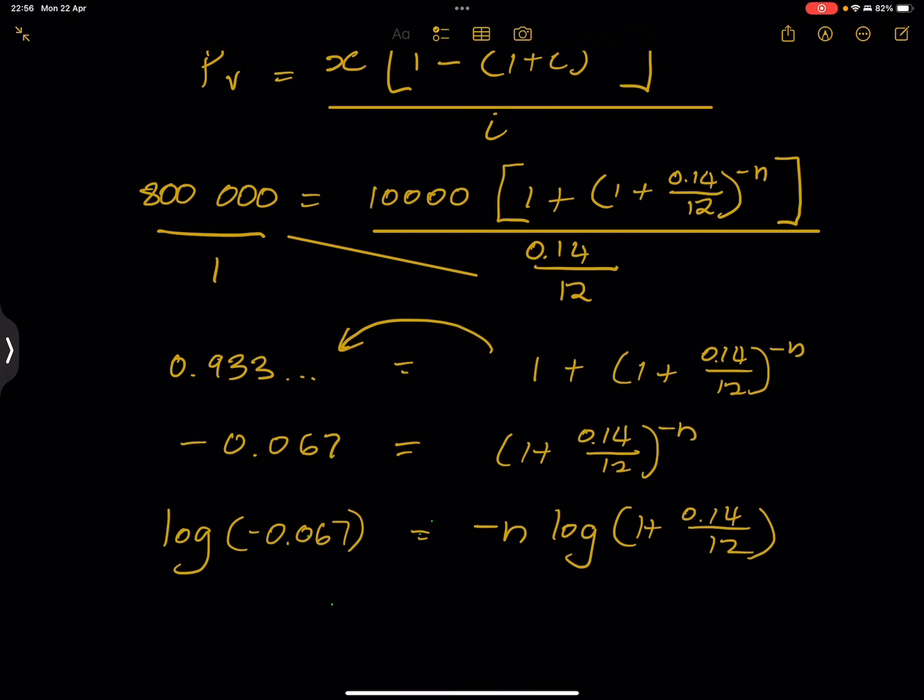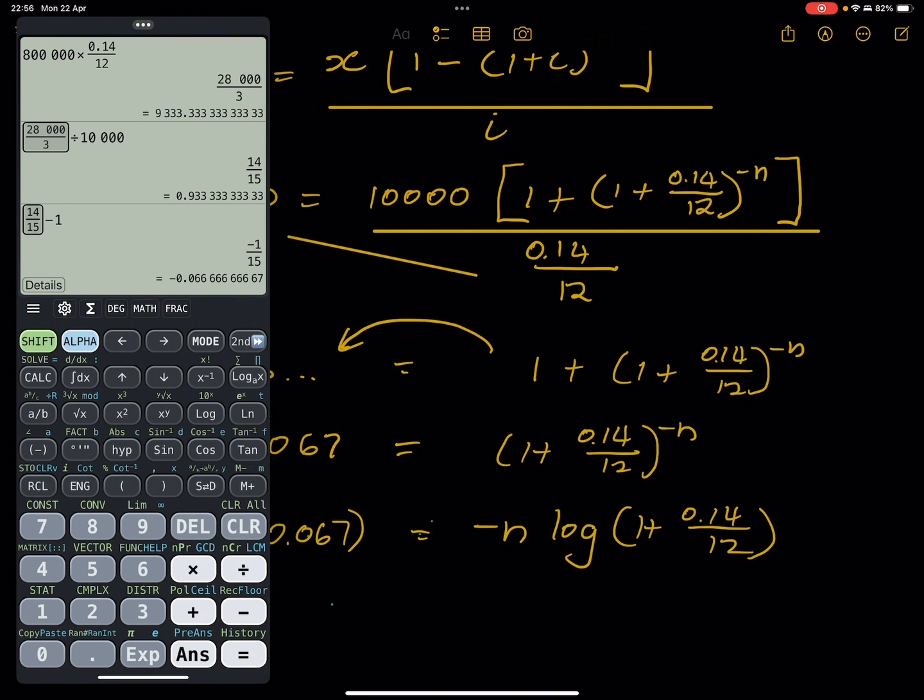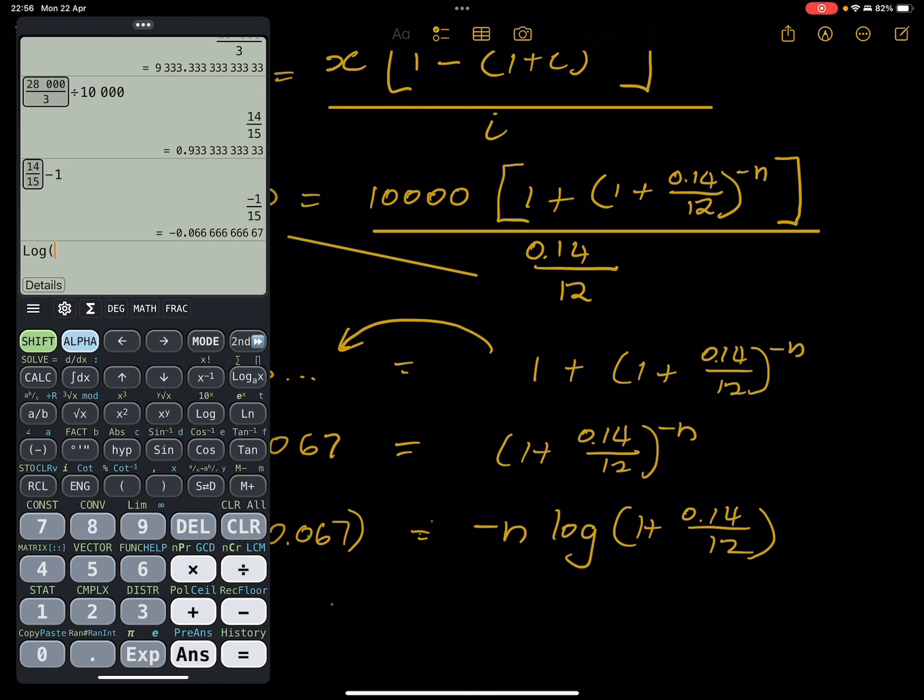And in this case, let's try and get that. I'm going to say take the log of that answer, the log of our answer, and I'm going to divide by the log of 1 plus 0.14 over 12.